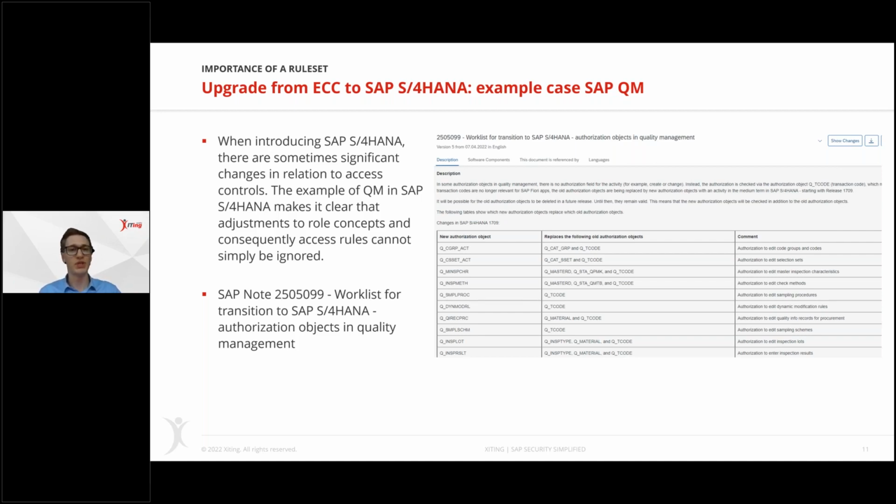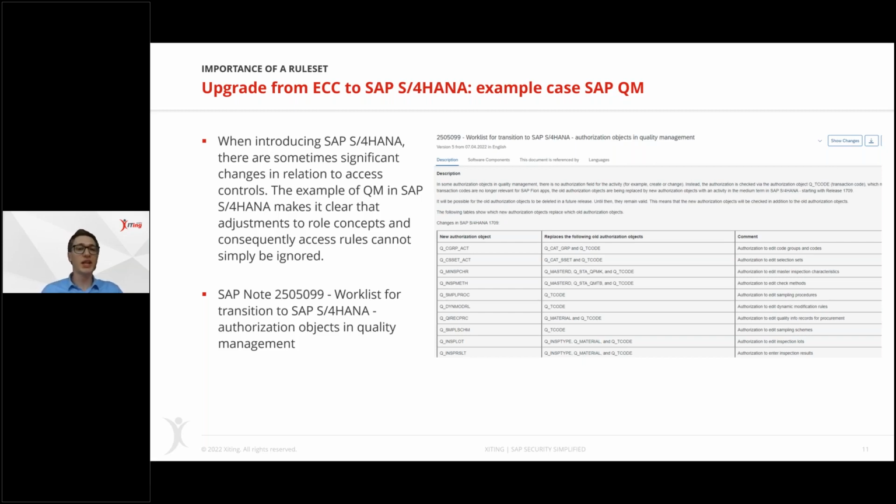We did such a project with one customer, and particularly in QM, if you don't have the right QM objects in the rule set, you would miss the critical access, so all the access risks in the QM area, because you're simply looking at something different and not what you should actually look for.